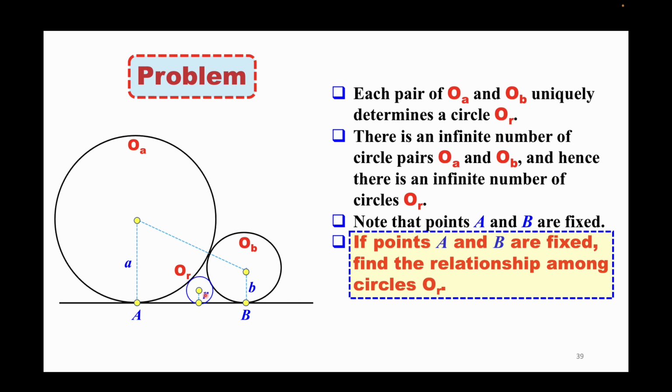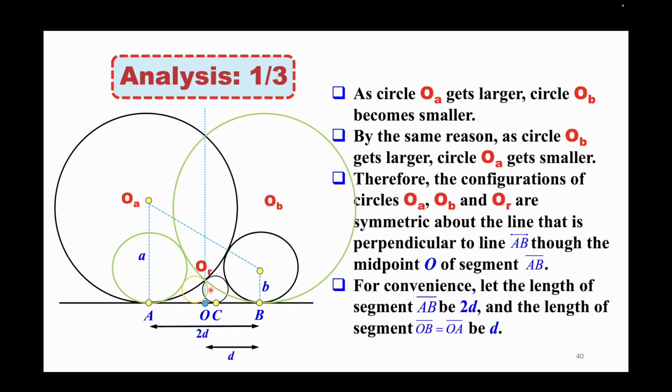So in this problem, we're going to find the relationship of these circles OR. Initially, it looks kind of vague, but indeed it's not. Now let's look at this configuration. We have equal radii OA and OB, and this is OR, the largest.